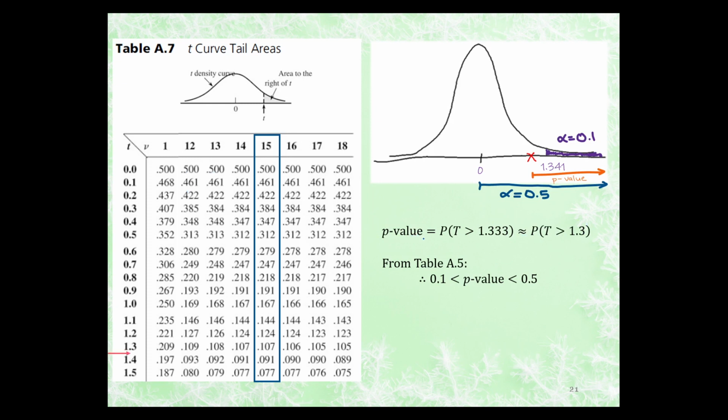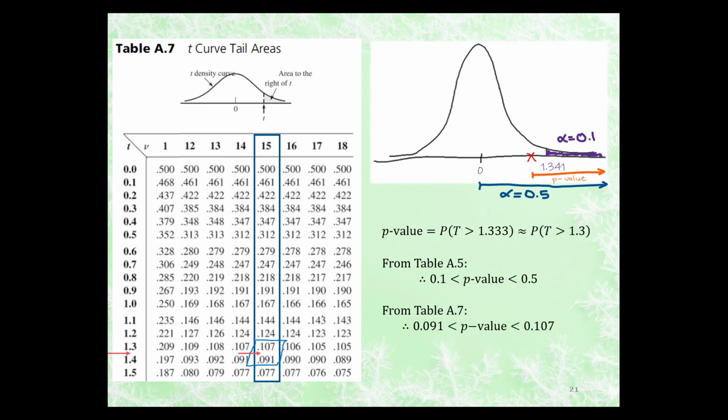So we know our value t, our test statistic value, is actually here in between 1.3 and 1.4. So you could take either one of these two values as your p-value, or you can be a bit more cautious and say, well, we know that our p-value is going to be in between those two values.